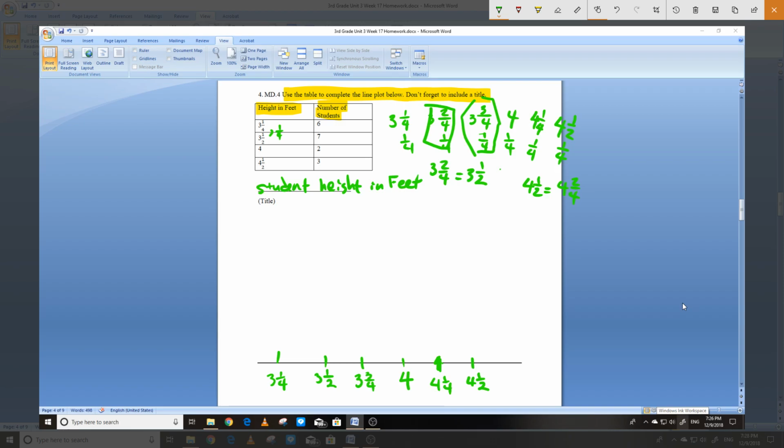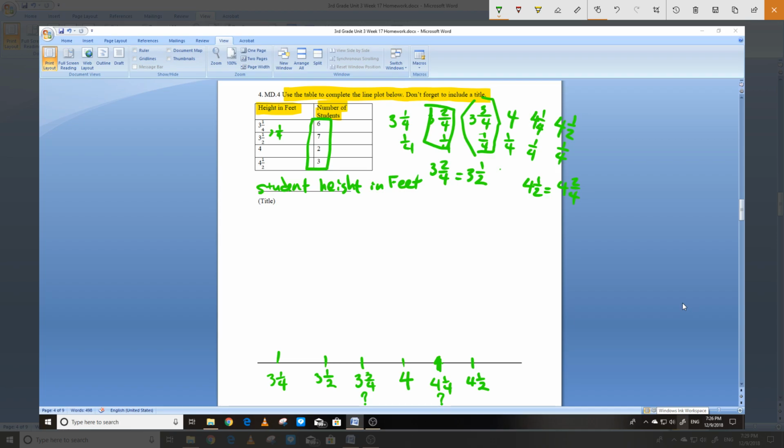You might be wondering, but there's only 4 numbers here. What happens to 3 and 3/4 and 4 and 1/4? What do I draw here? You draw nothing because no data is given. Okay? That is why you need to be very careful.